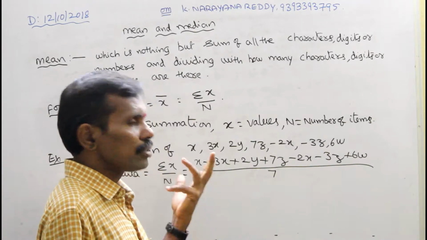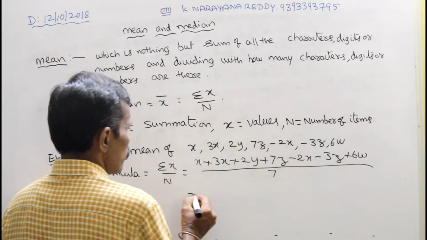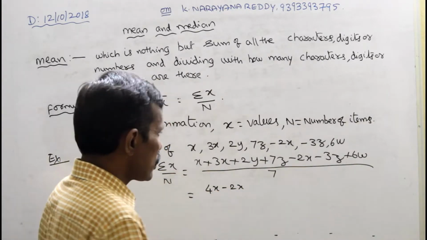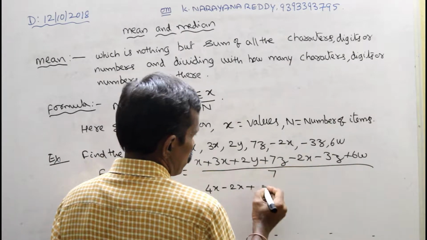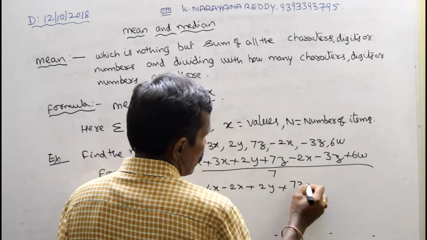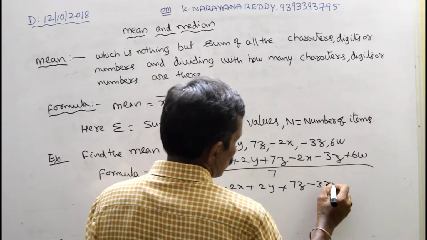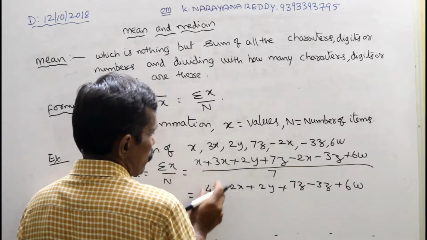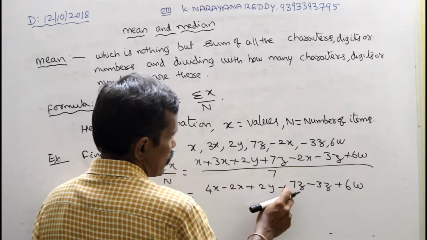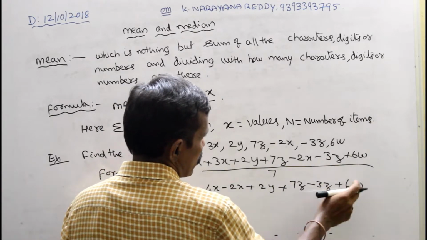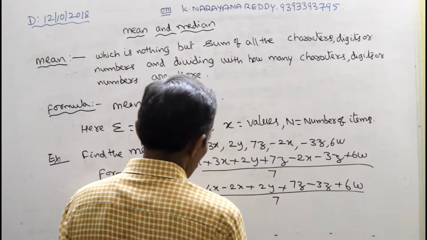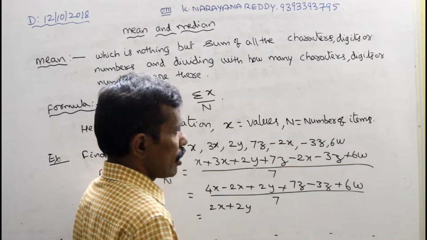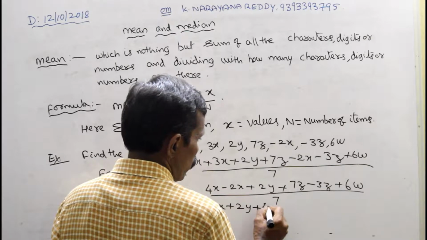So x plus 3x is 4x, 4x minus 2x is 2x. 2y is single, there is no other y. 7z minus 3z is 4z.